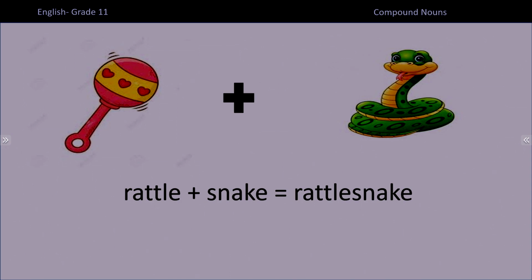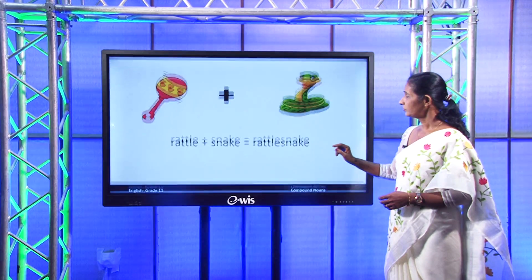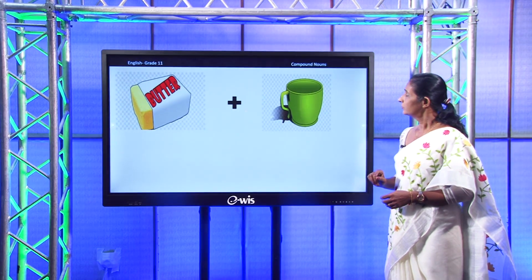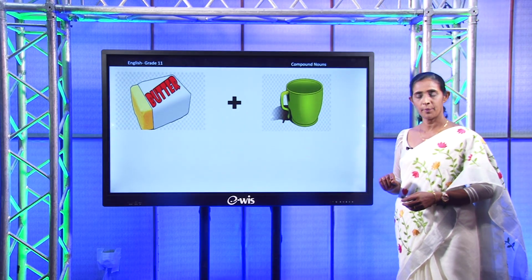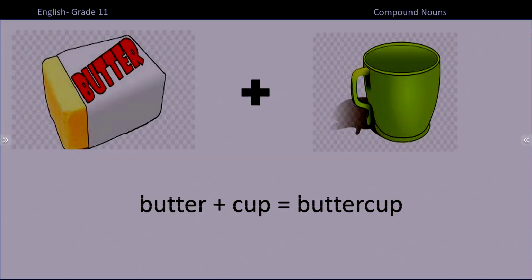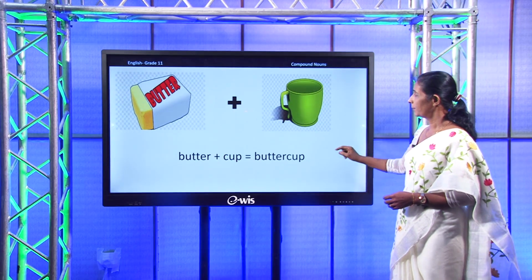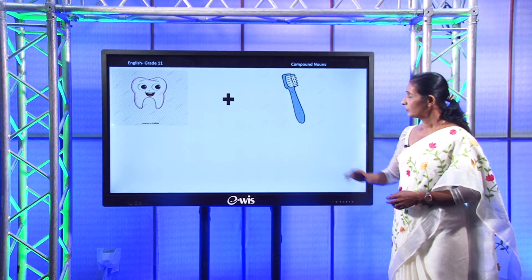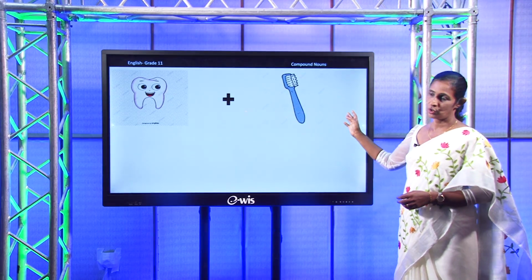See, if you need any corrections, you can write them down. Butter and a cup. So it becomes buttercup. Check your spellings. If you have missed anything, you can correct them. Toothbrush.